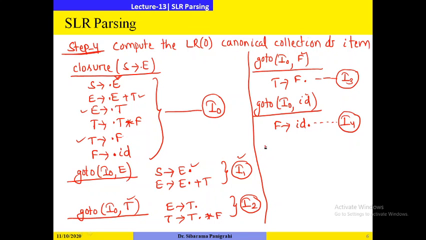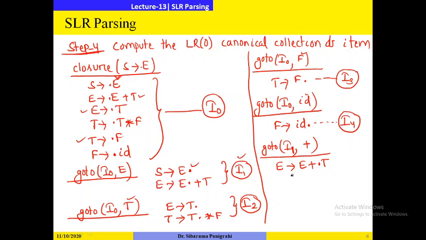We can write go to I1, comma plus. So here let me write it. Go to I1, comma plus. So what we will get? E gives to E plus dot T. So I have jumped the plus. So dot T means what I have to do? I have to include all the T productions.